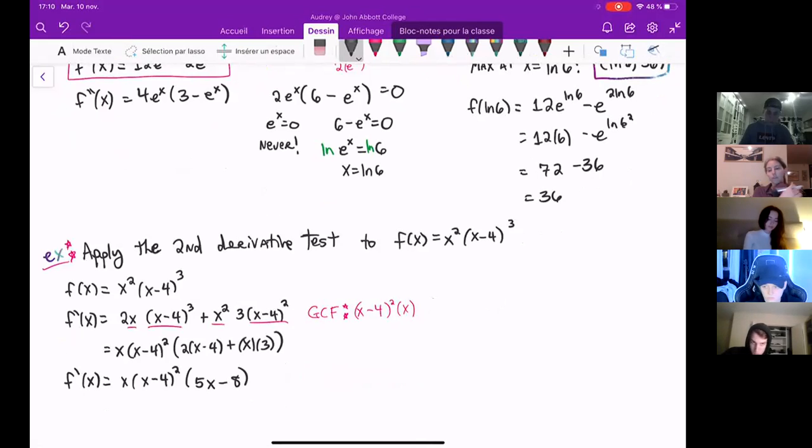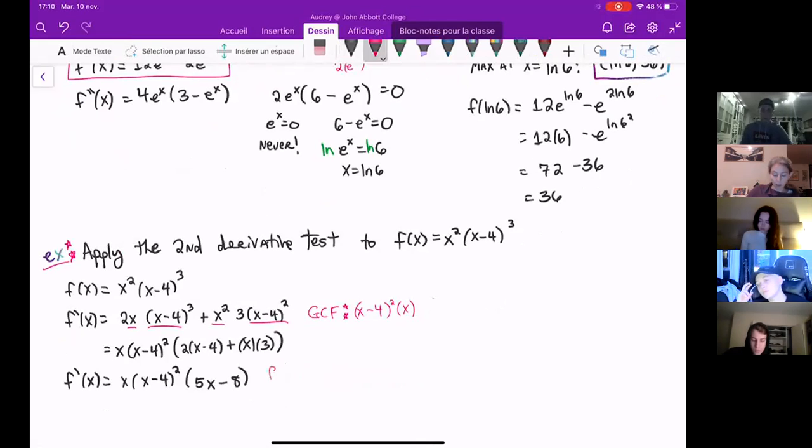Is this the best derivative for taking a second derivative? No. Is this the best simplification for finding where it equals 0? Yes. The best simplification for finding where it equals 0 is factored. However, for finding another derivative, less product rule is better.